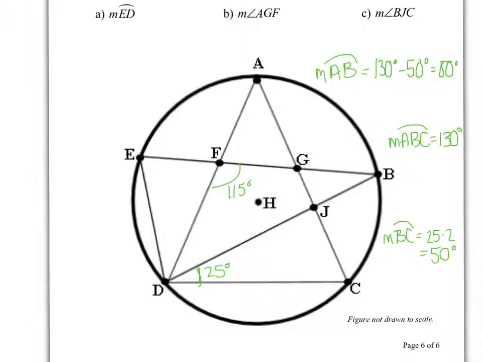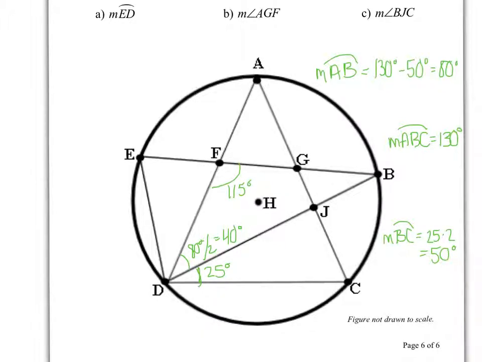Now, if this is 80 degrees, I've got an inscribed angle right here. So this is going to be 80 degrees divided by 2, which is 40 degrees.